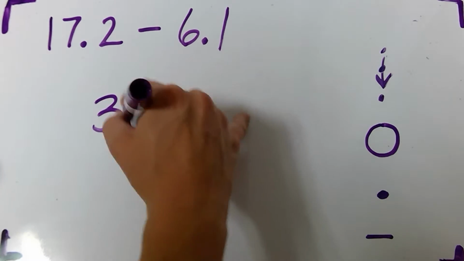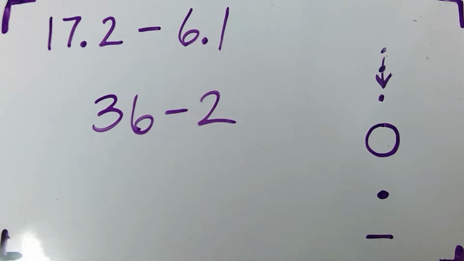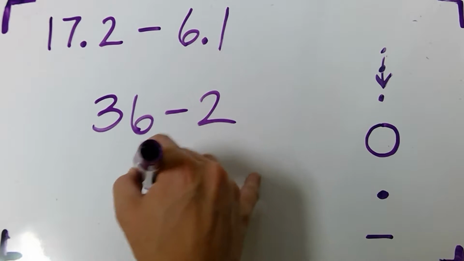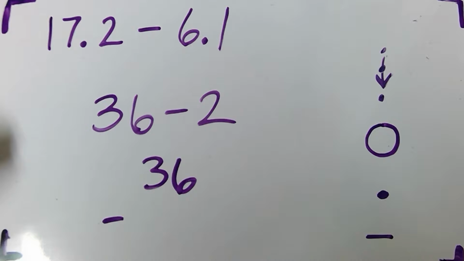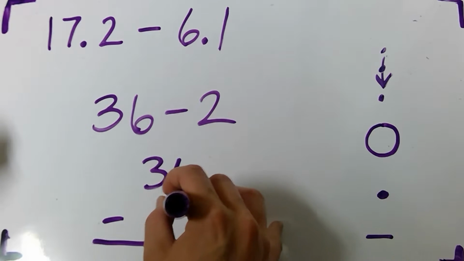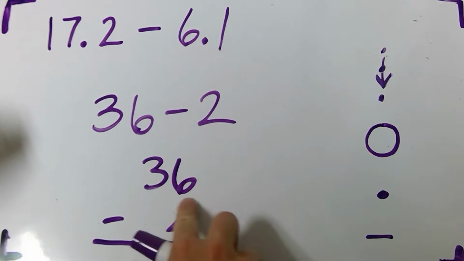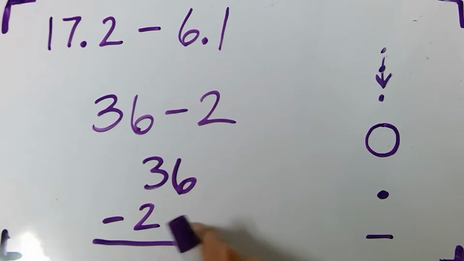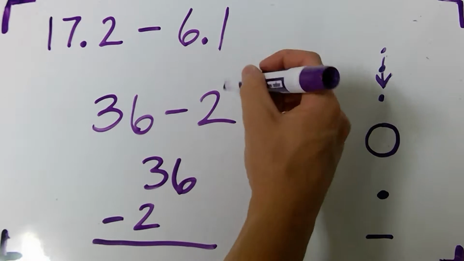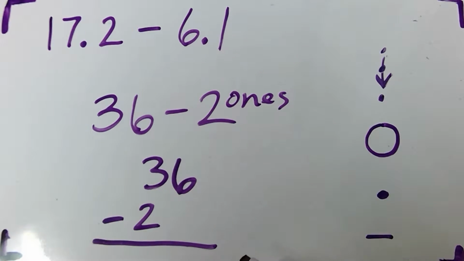If I was subtracting this, 36 subtract 2, you guys know that when I stack it to subtract it, I go 36 subtract, and then I put the 2 here. If I put the 2 over here, it throws off your entire answer, and it makes it wrong. And that's because the 2 is in the ones place.